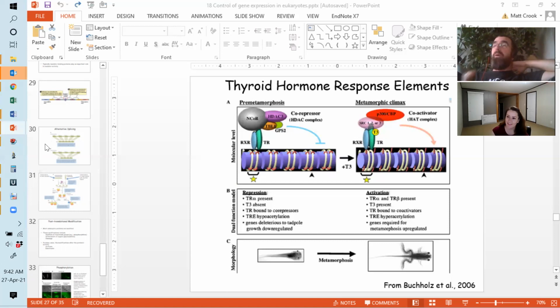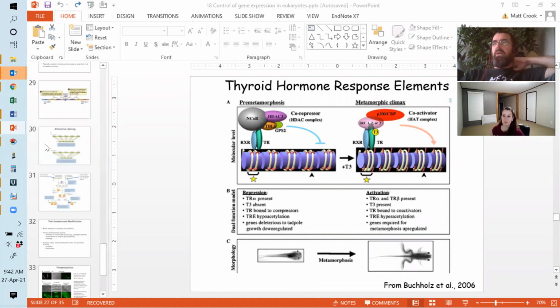But one of the other real funky things, and this goes back to the previous section when we were talking about splicing and RNA processing, right? I kind of hinted at, what's the point of having introns? They take up a huge amount of space.